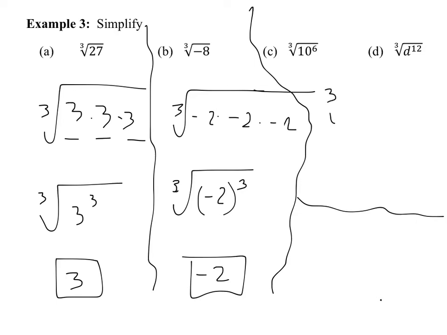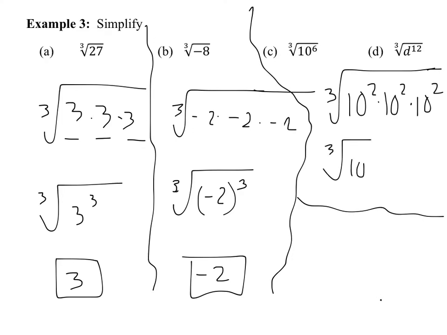So this is really 10 squared, 10 squared, 10 squared. Because 10 squared times 10 squared times 10 squared, what do you do to the exponents? You add the exponents. So this is really the cube root of 10 squared cubed.